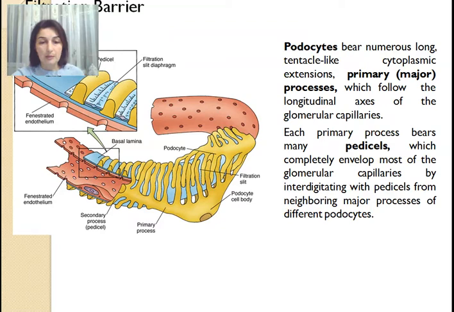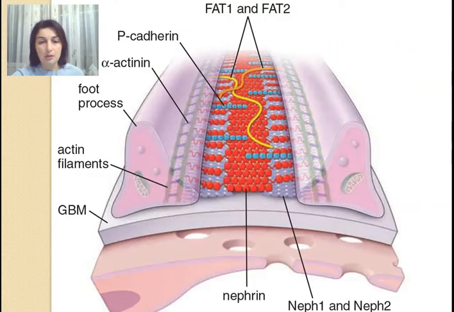We will see the basement membrane on next pictures, but before that, I would like you to pay attention to this filtration slit diaphragm. That is one pedicel, and the neighbor pedicel. That is the glomerular basement membrane, about which I just mentioned, and endothelial cells of the blood capillaries with fenestrae.